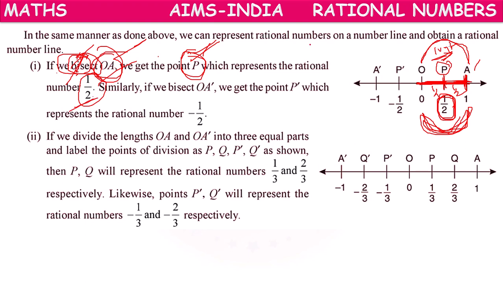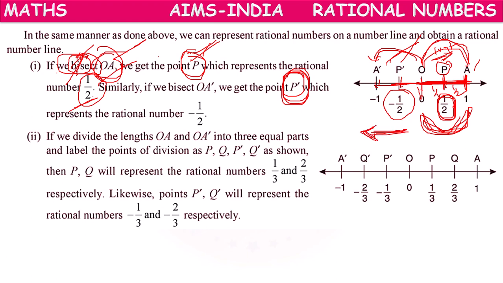In the same way, on the left hand side, like A at 1 unit distance, we have A dash. If we take point P dash, which divides OA dash into two equal parts, then P dash will be minus 1 by 2 because it is located on the left hand side.